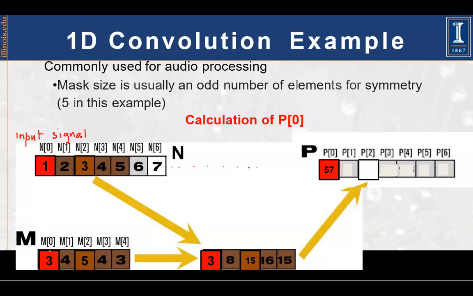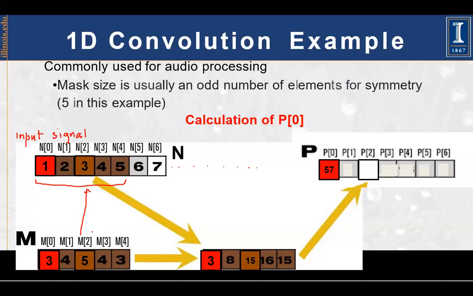So I put the hinge or pivot of my mask on location 1, which is N0. Here is my filter placed over it, as I said.